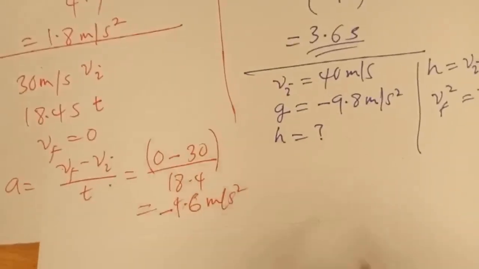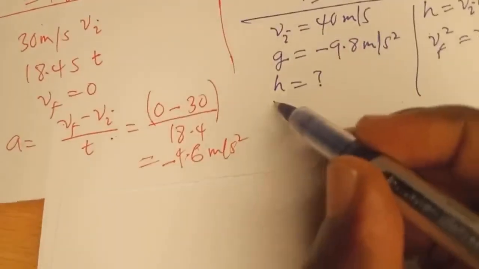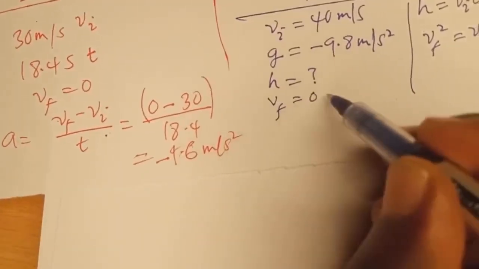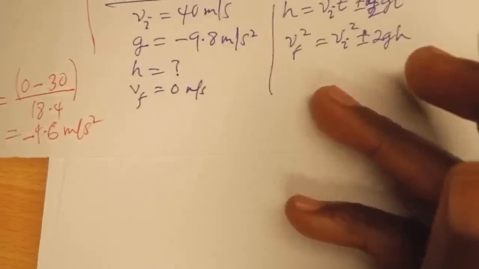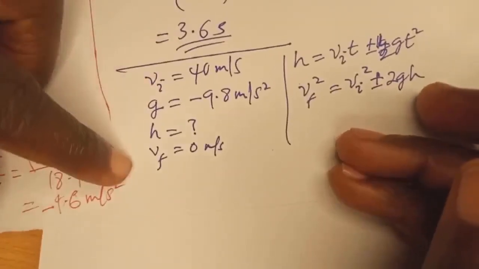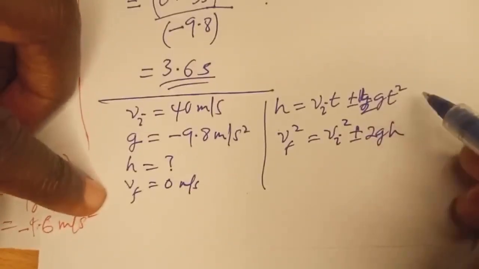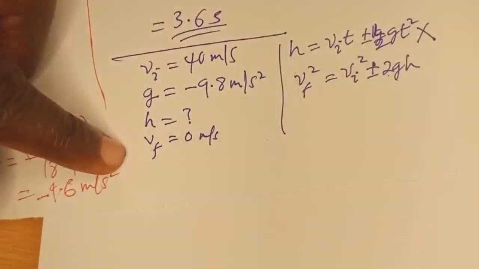But this one, we don't have time here. We know that the final velocity at maximum height is 0 meters per second. Since in the parameters here we are not given time and this formula has time, we will not use this one, we'll use this one.